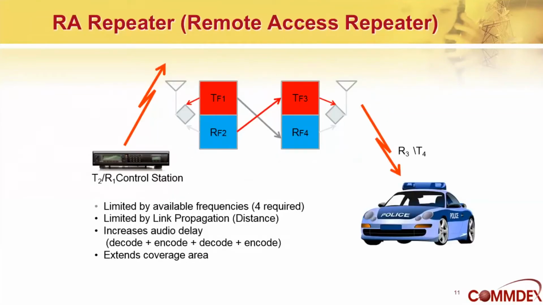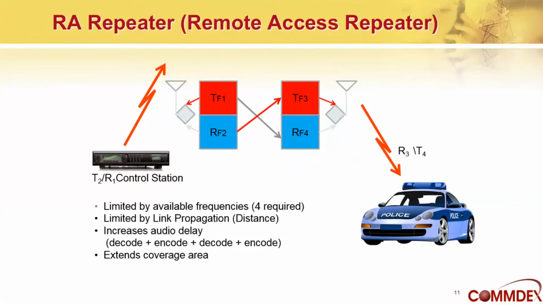There's another special kind of repeater called an RA repeater, which stands for remote access repeater. This is where you have two repeaters back to back, where the receiver of one feeds the transmitter of the other. And the reason you do this is to extend the range far beyond where it would normally go.